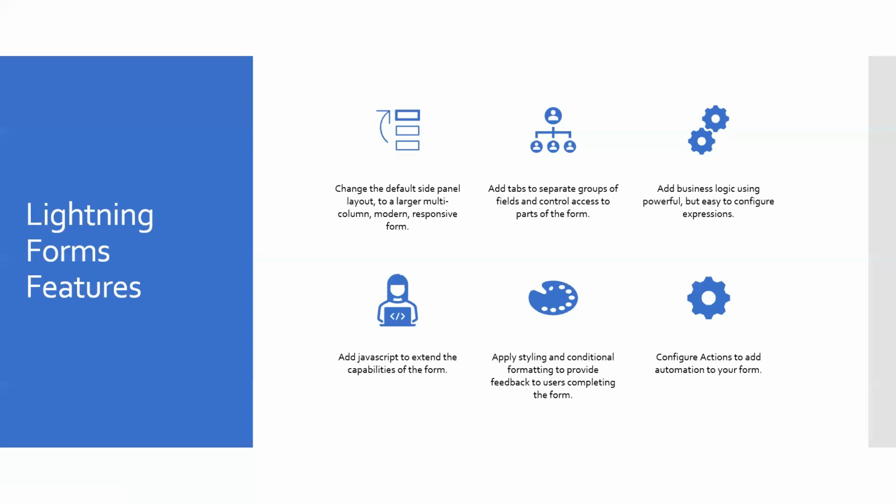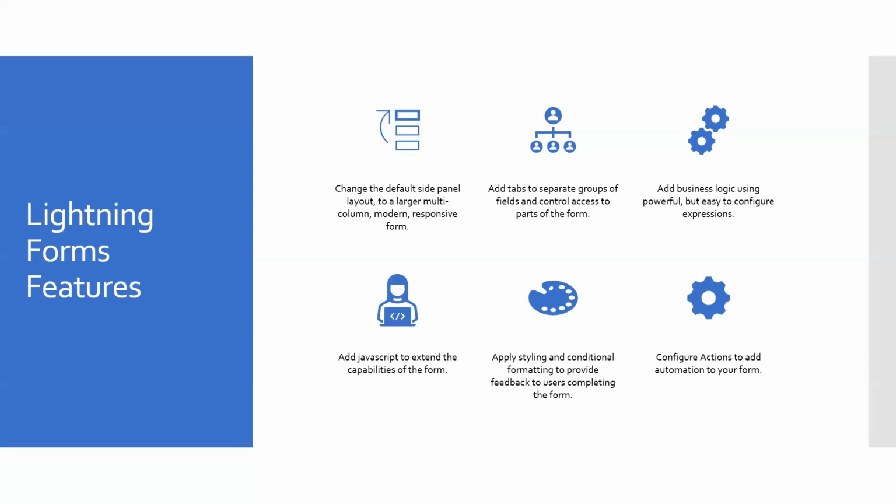And then you also have the display form, which is used to read the forms or the list items. And what we can do is use Lightning Forms contextually to start designing the look and feel of those forms and also add business logic to them. So one of the challenges is to take that side panel that we get inside the modern interface and provide that into a useful business form.